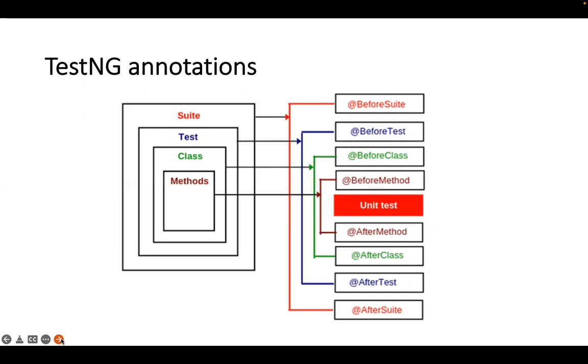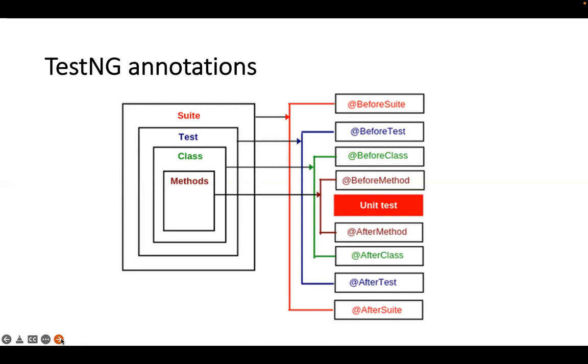Suppose I want to execute some of the methods before every test case, or some of the methods before every class or suite. At multiple levels, we can execute a specific method either before or after the test case, or at the class level or suite level, in whatever way we want. So these are the other annotations available.